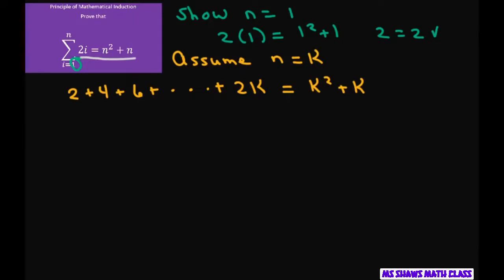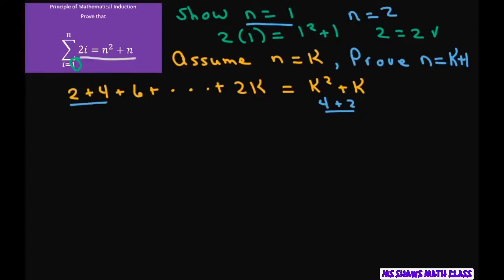The next thing I'm going to do is prove that it works for the next term. So that means for the next term after k, k plus 1. For example, if I said prove for n equals 2, if I plug in 2 in here, I get 4 plus 2 is 6, and I add the first two terms, and you get 6.